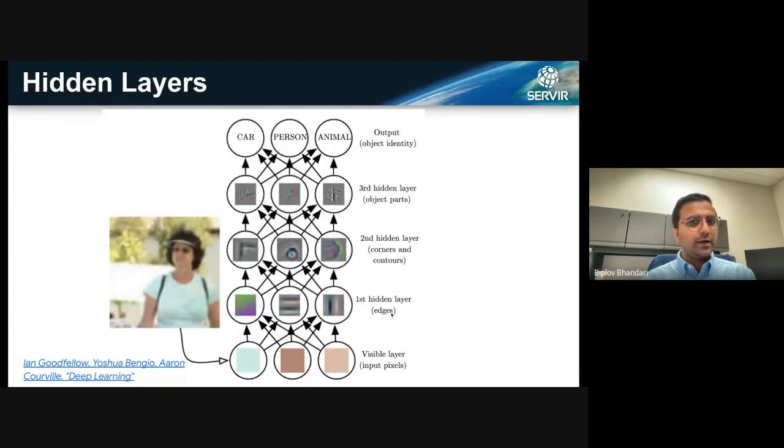So your first hidden layer might be learning edges, your second hidden layer might be learning corners and contours associated with that input data, and your third hidden layer might be learning object parts like a head, or if you're trying to classify a car, then it might be looking at the wheels and whatnot. And then based on these learnings from the hidden layers, the output layer is where you actually try to predict. That's more useful for us, as it will tell you whether it's a car, person, or an animal in this case.